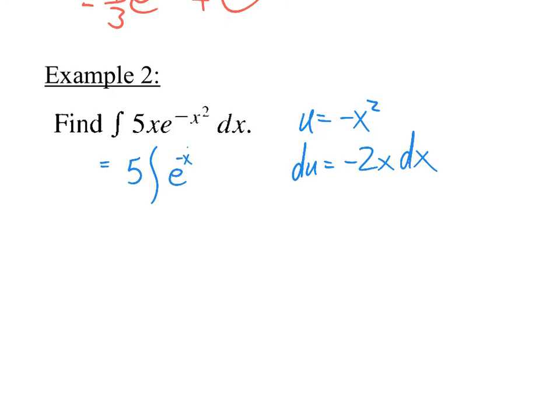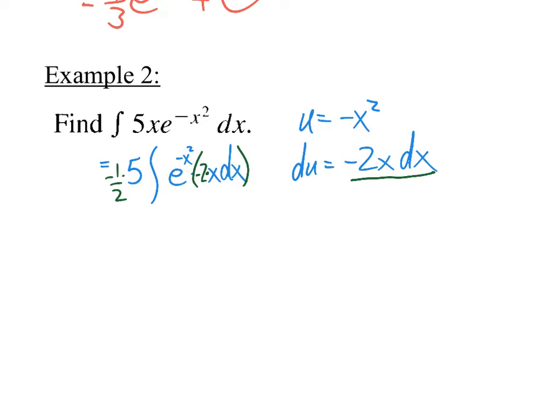It's e to the negative x squared times x dx. However, I need this whole thing, so I need a negative 2 multiplied on the inside. So I need to multiply by a negative 1/2 on the outside, because that'll equal 1.